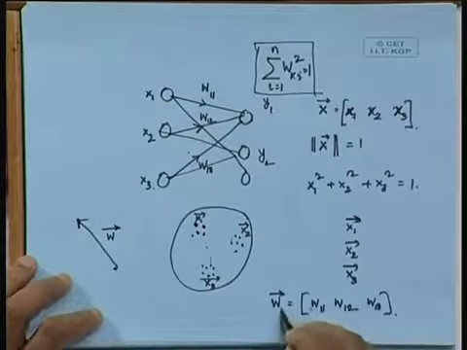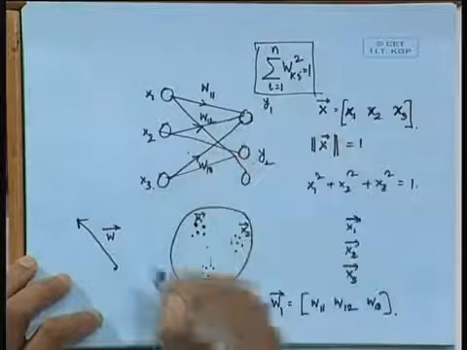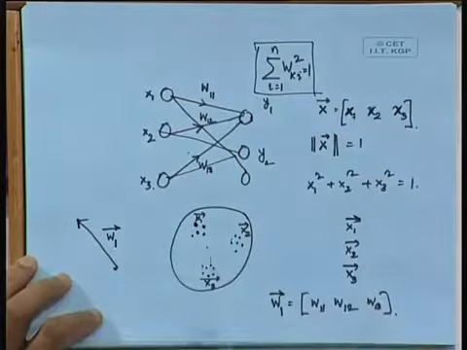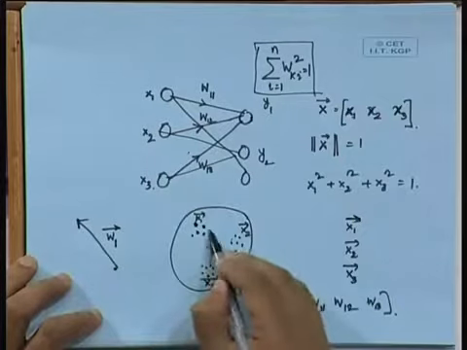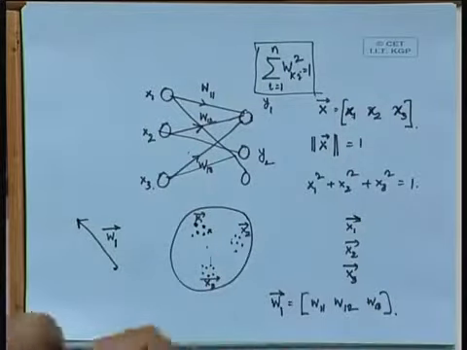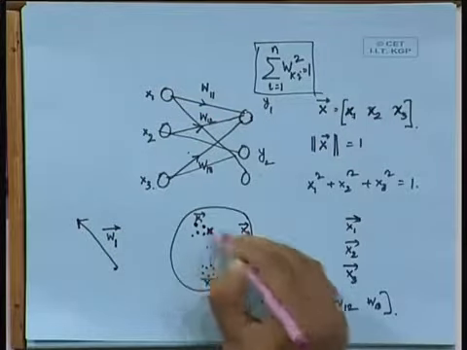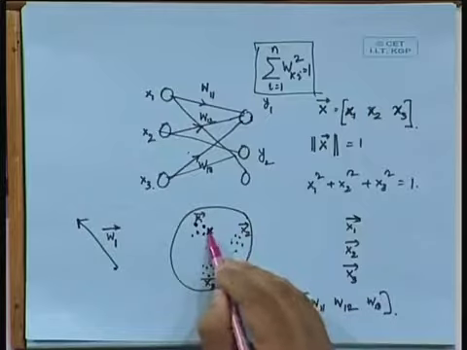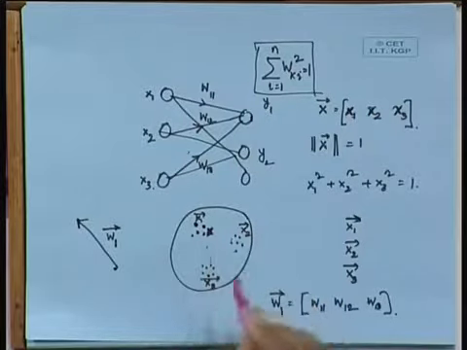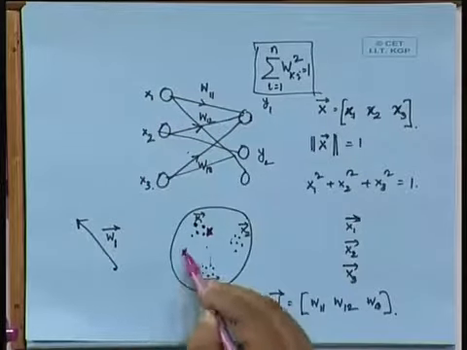Let us call it the w1 vector, because that is the vector associated with output neuron 1. Supposing this is the position I have marked now, initially w1 may be somewhere here.